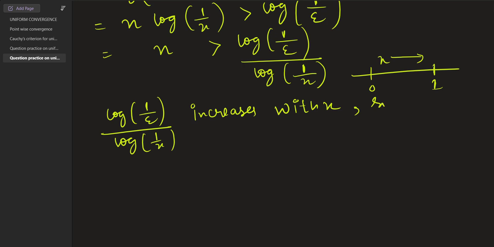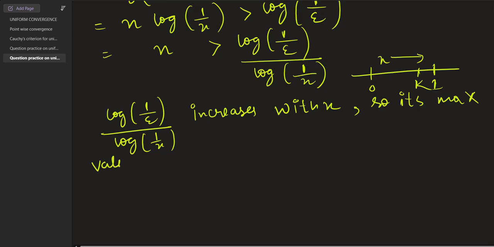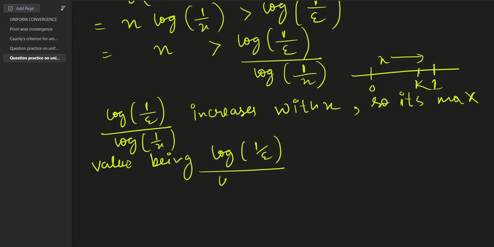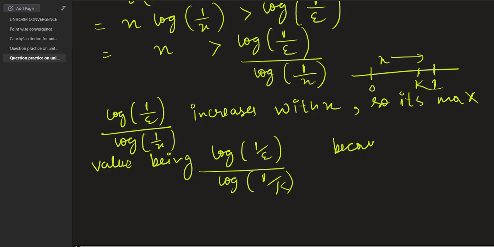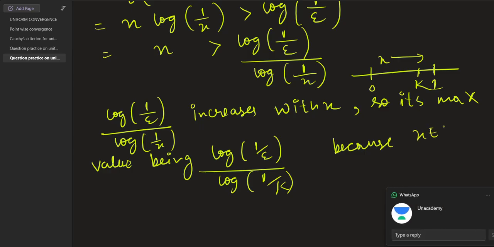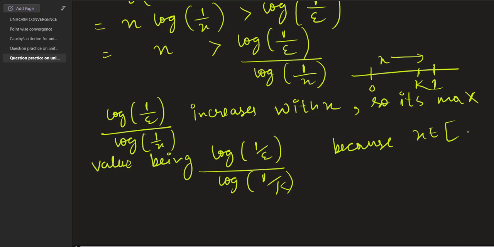So its maximum, here is your k, maximum value being log 1 by epsilon upon log 1 by k, because x belongs to [0, k].